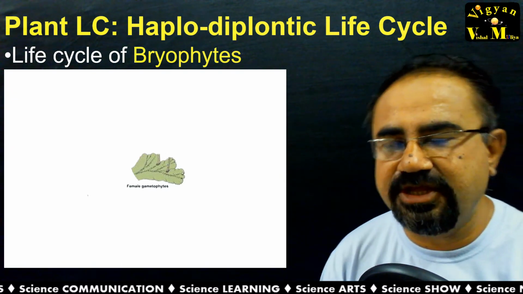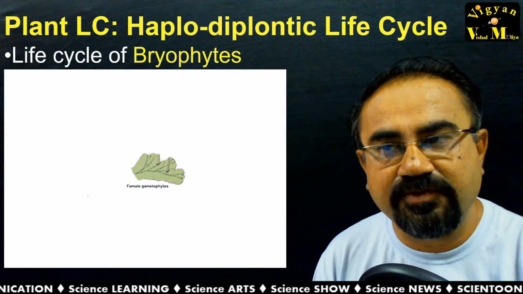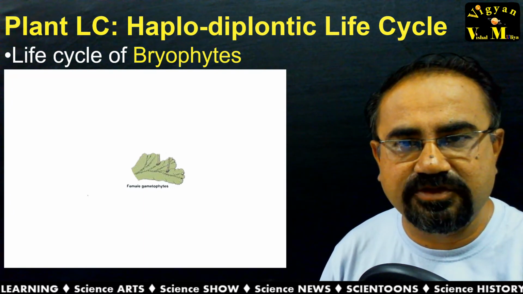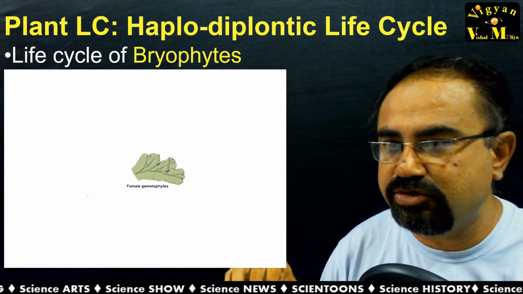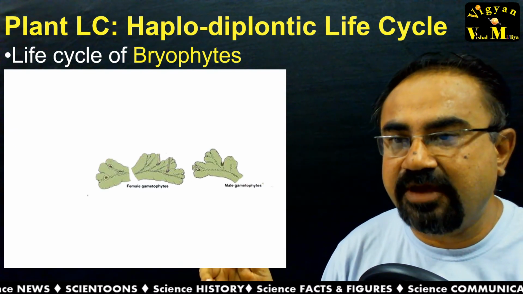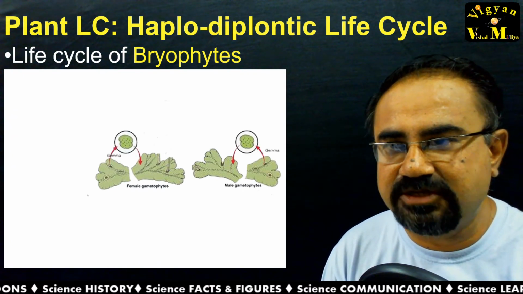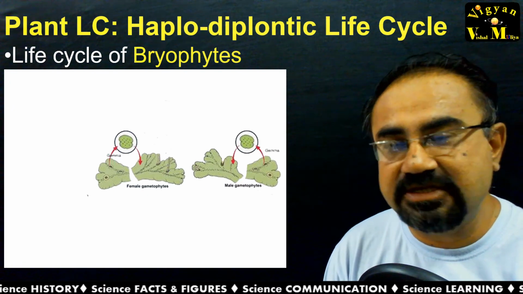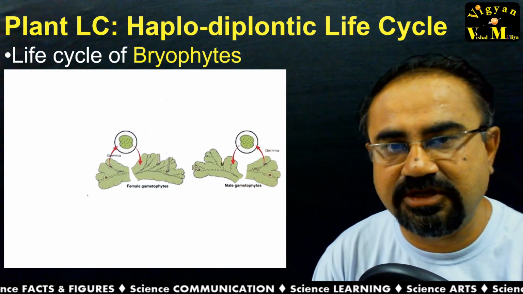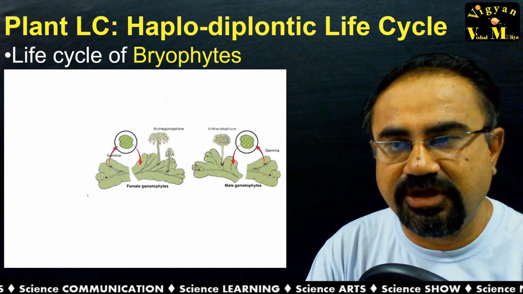Here in Marchantia, the dominant thallus or dominant phase is the haploid one. This haploid one can reproduce by itself also through vegetative reproduction, but we will go through the sexual one. Male and female gametes are produced on special structures, the male stalk and female stalk, which have antheridial cavity and archegonial cavity.